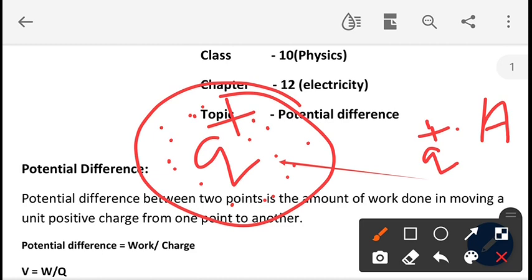Actually this work is done by the battery inside a conductor. Whatever I am explaining here is happening inside a conductor where charges are moving. And who is responsible for the movement of charge? Definitely the battery providing a potential difference. Here I am trying to make you understand what potential is, and then I will explain what potential difference is.